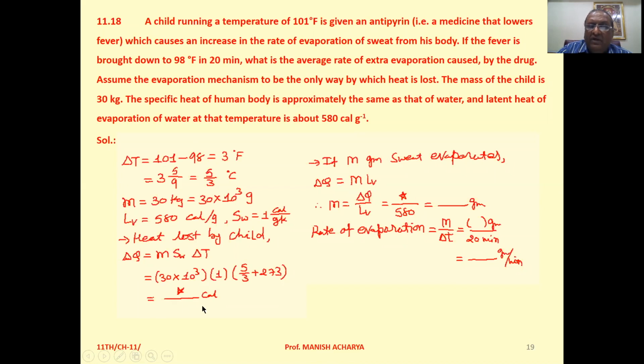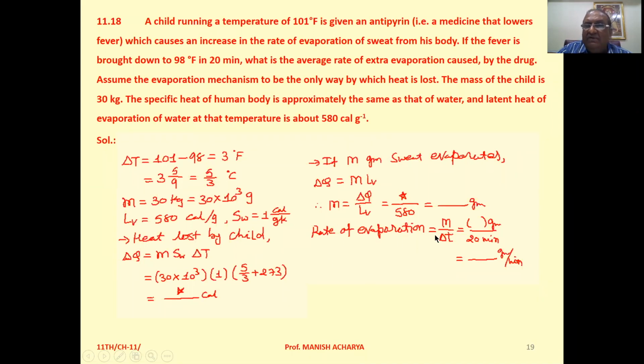Delta Q, heat lost that we calculated. So that heat is utilized to evaporate the sweat. Use that result here. Latent heat of vaporization, that is given to you 580 calorie per gram. So now solve this one, you will get m, mass of the sweat which evaporates.